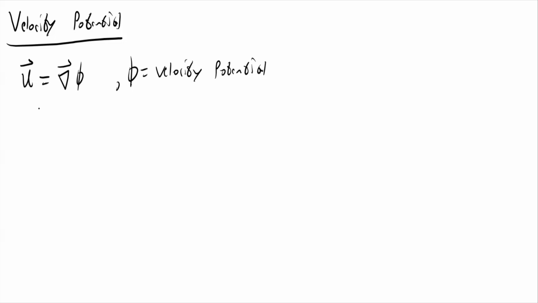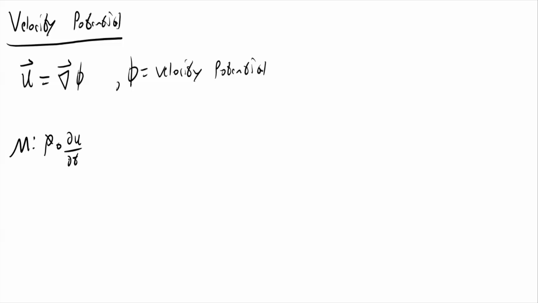That clearly means there's a relationship between velocity potential and pressure. We see the relationship between velocity and velocity potential here, but what is the relationship with pressure? So let's look at the linearized momentum equation.